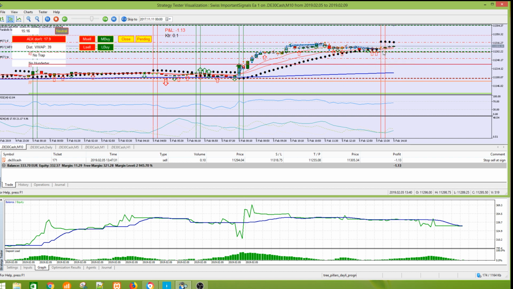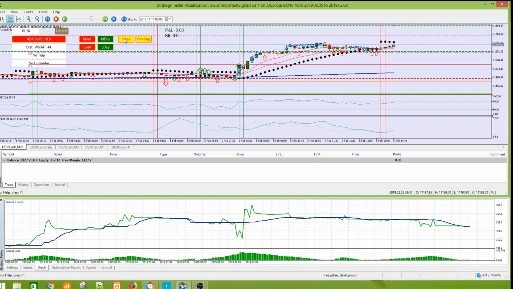This parabolic was wrong. It bought and now it's sold, but now it's rising.